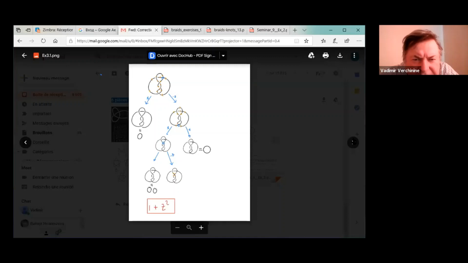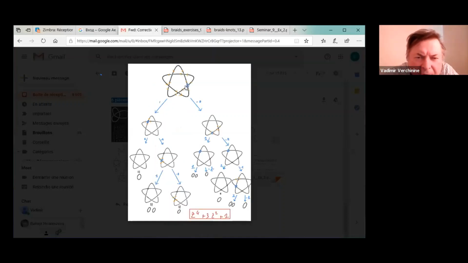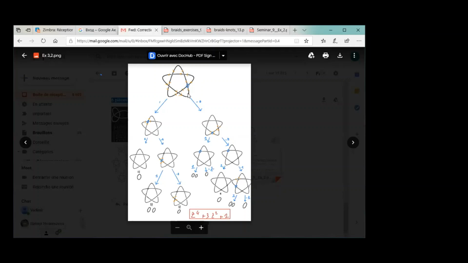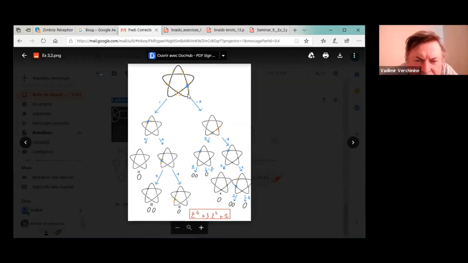So let us consider, what do you have? You have here this direction and this direction, right? So you should make this smoothing. Here, the right one is always the smoothing. So you have this smoothing going this way.